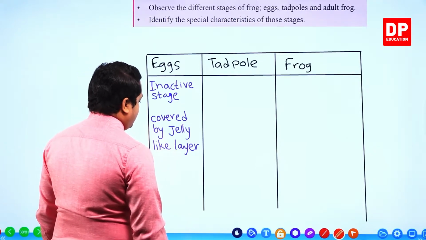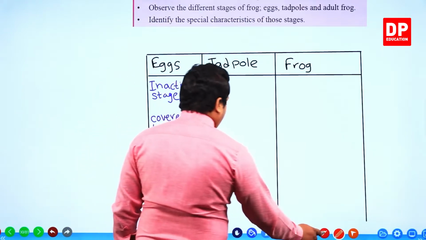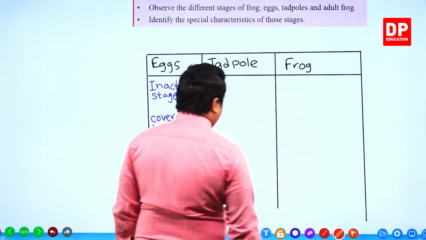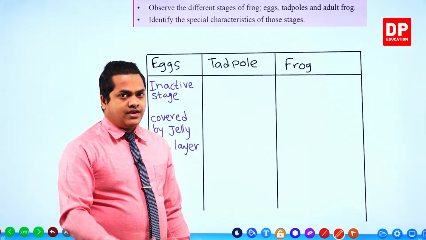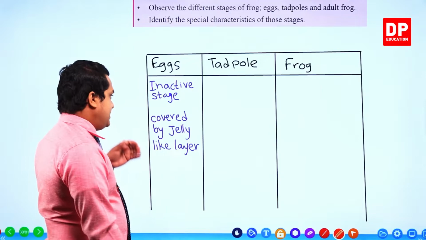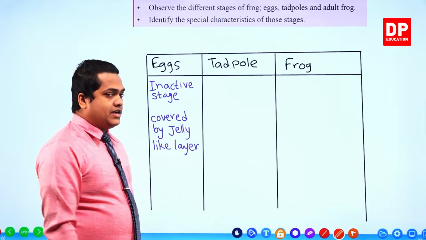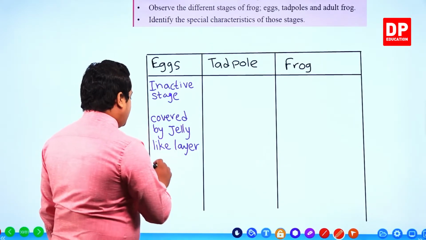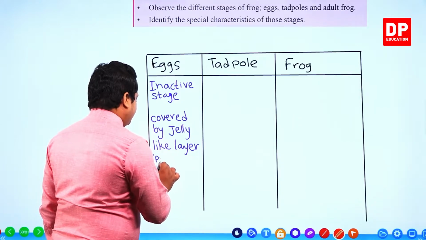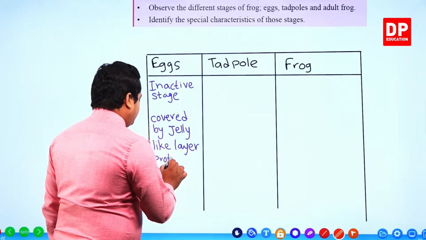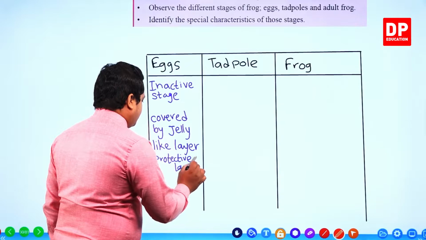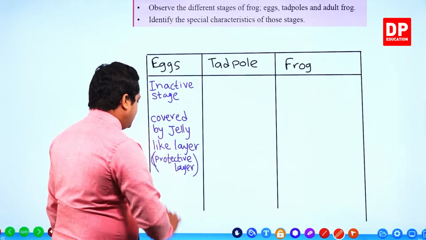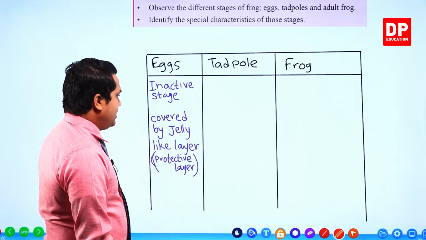These are the main features that we can observe in the eggs, my dear children. Eggs have an inactive stage and they are covered by a jelly-like layer. We can mention this as a protective layer.